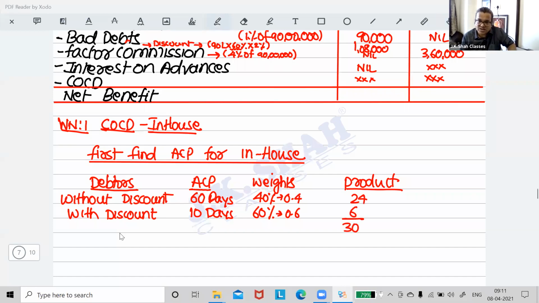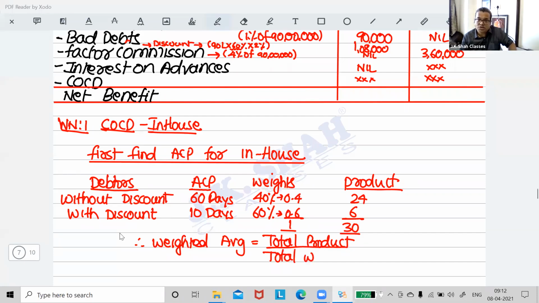So the total is 30. Obviously, total weights are always 1. So the weighted average would be the total product upon total weights. 30 upon 1, that is 30.